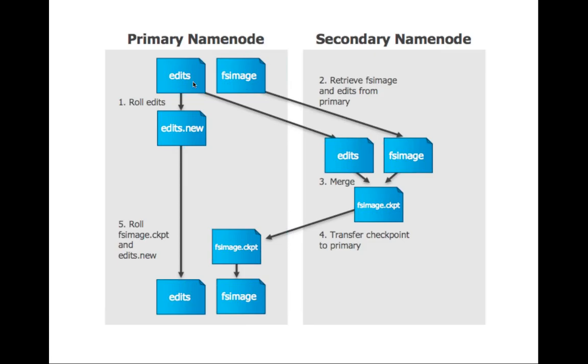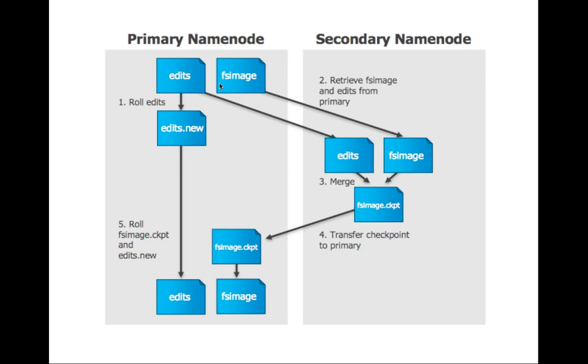But what happens to the edits, because writes might be happening to it, right? Your Hadoop production cluster might be heavily loaded, with a lot of writes happening. So the primary name node rolls a new file called edits.new, puts a lock on it and releases the lock on the edits file.